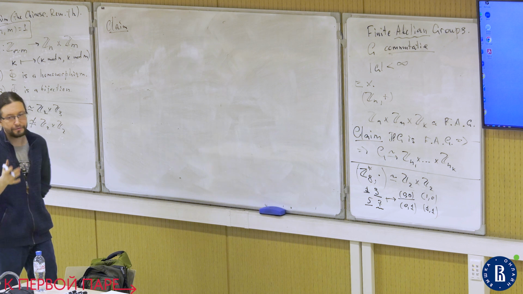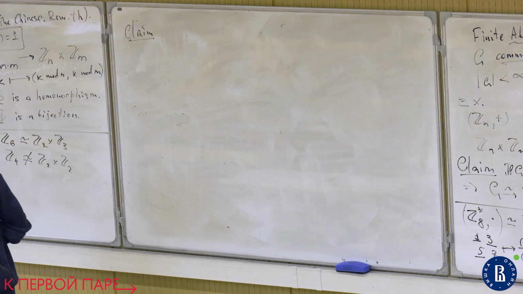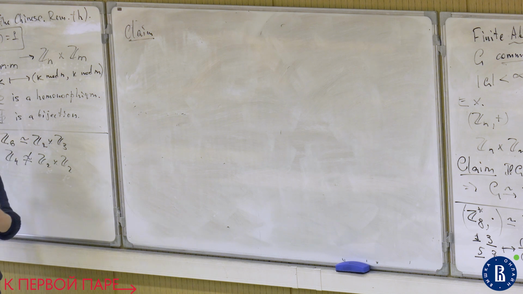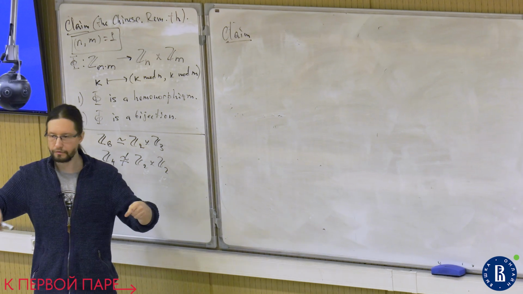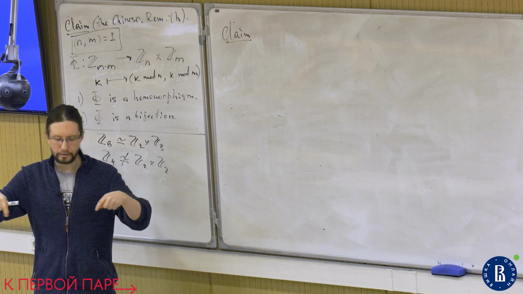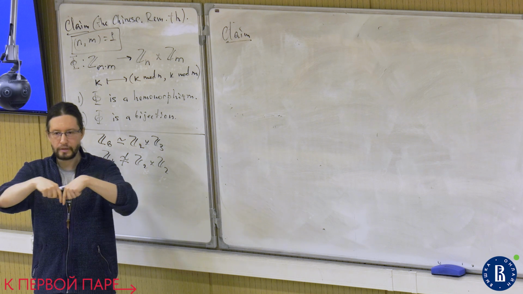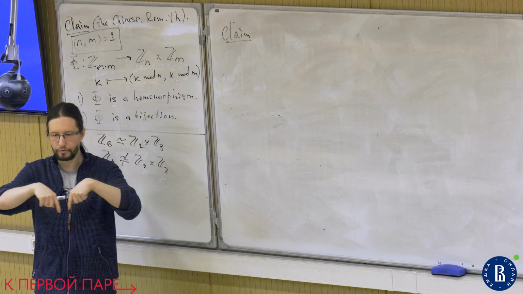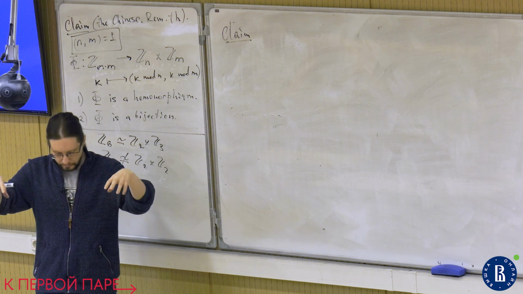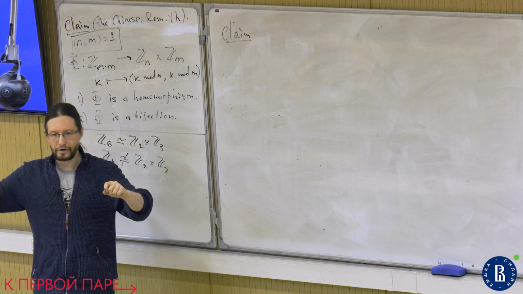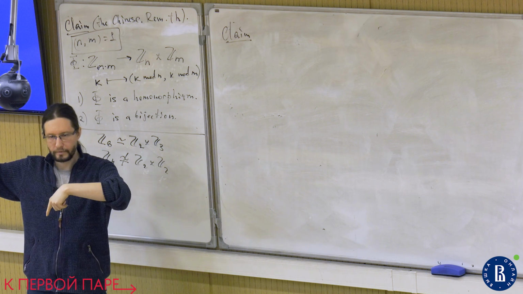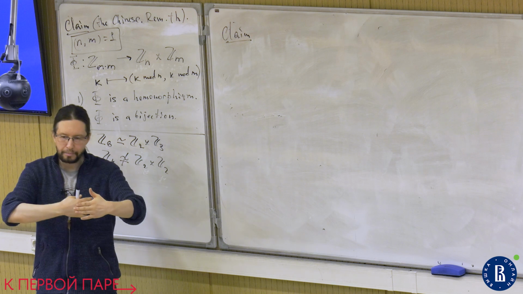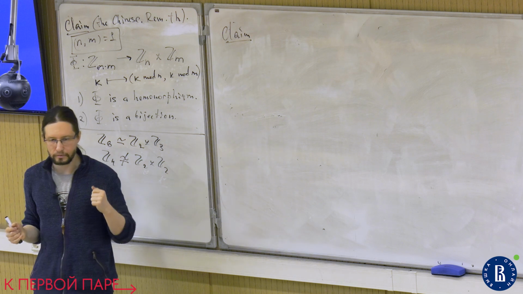So this will be a classification of finite abelian groups. What does a classification mean? Classification means that you can give a list of finite abelian groups such that every pair of these groups are different, in the sense that they are not isomorphic. And then any other abelian group will be isomorphic to one of them. So it will be like a complete list of all possible finite abelian groups.